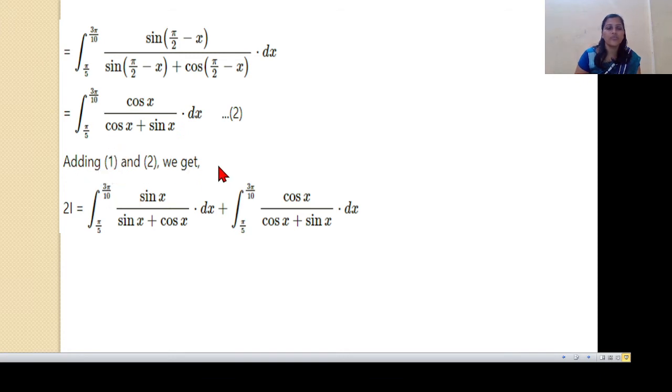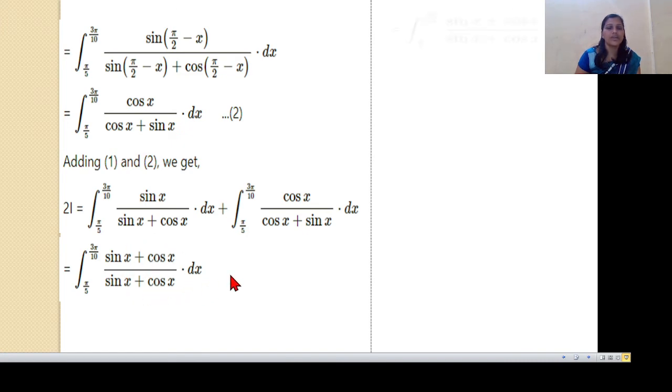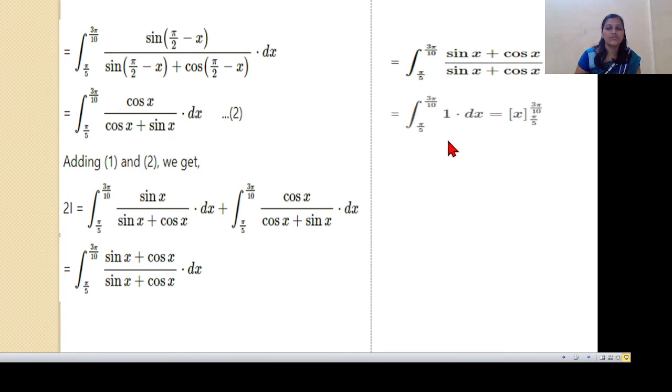As in the previous example, we are going to add equation 1 and 2. After adding equation 1 and 2, in LHS we get I plus I, that is 2I, is equal to this first integral plus this second integral. In both the integrals, their limits are same, and also their numerator and denominator is same. So you will find the value that remains is only integral 1 dx.